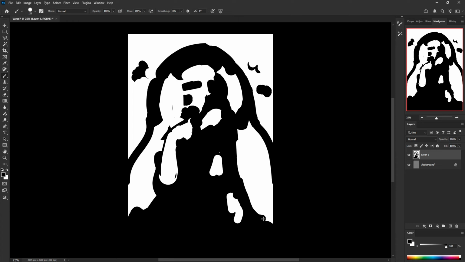You can see the dress and the hand already taking shape. Yeah, it's actually pretty intuitive if you think about it. And then her blouse and so on.